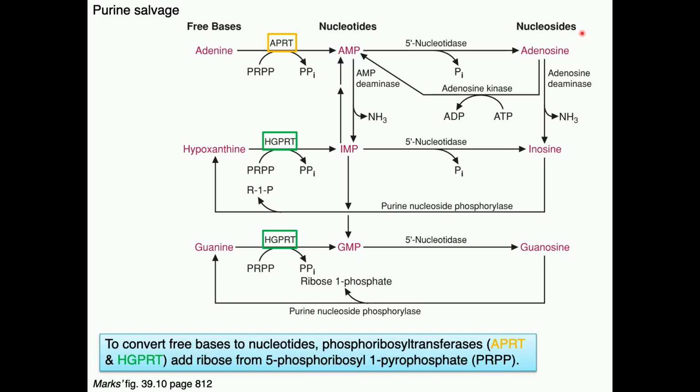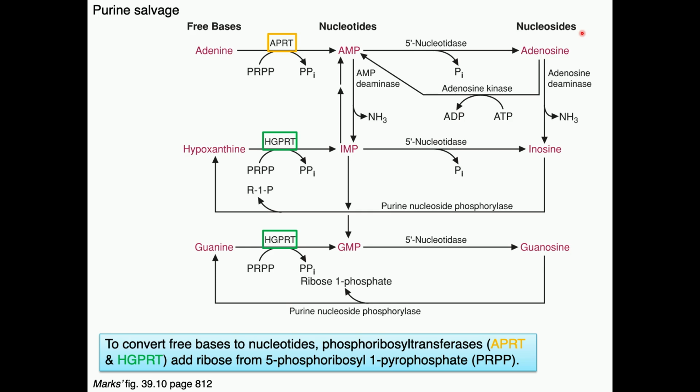All right, so in order to convert free bases into a nucleotide, we have to add the ribose sugar component to the base. Now in the normal purine synthesis pathway, we build the base atom by atom onto the ribose sugar, right? So this is not a normal way that we would synthesize a base.